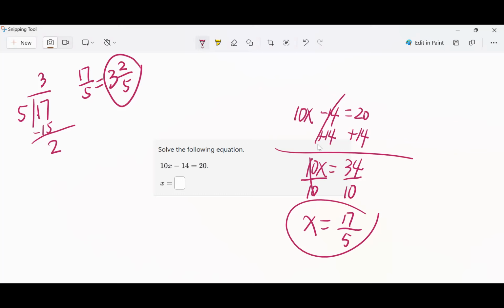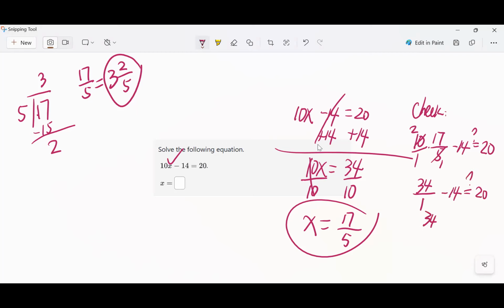And then let's check it. This one we need to check. So 10 times 17 over 5, replacing x with 17 over 5, minus 14. We don't know yet, so let's do that. I make 10 a fraction: 5 goes into 10 two times, and 2 times 17 is 34. 1 times 1 is 1, minus 14 equals 20?